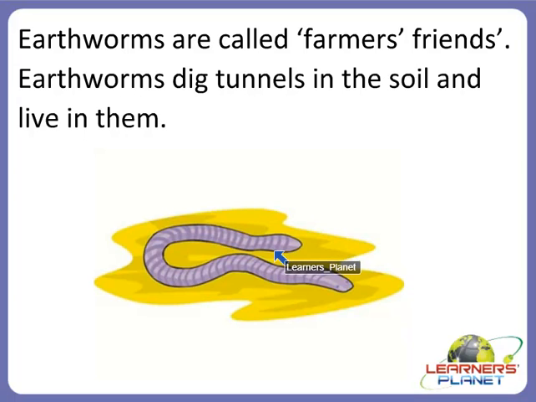While doing this, they turn and loosen the soil, and these worm casts are very rich in minerals and they are good for the plants. So earthworms are called farmers' friends because earthworms are very good for plants.